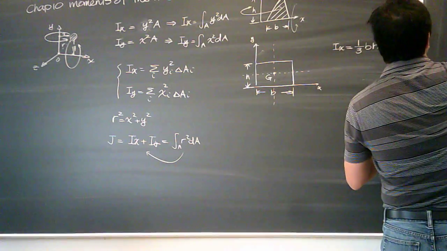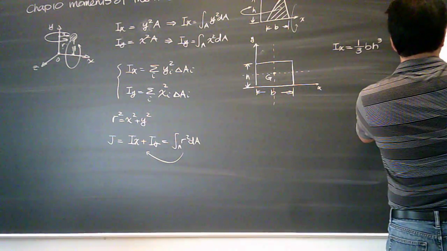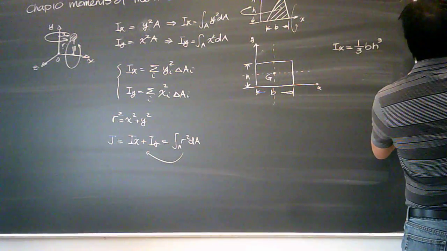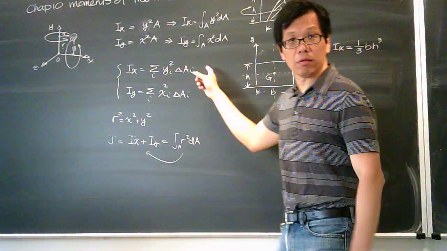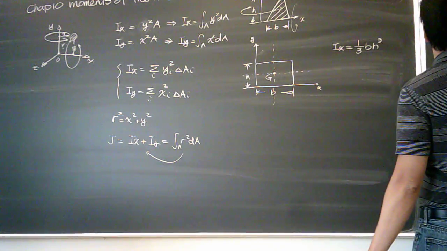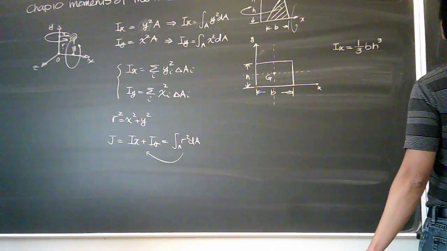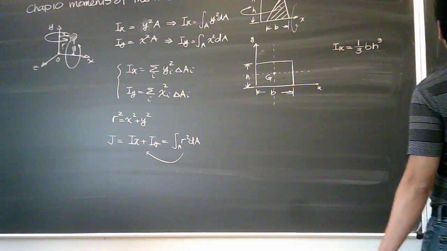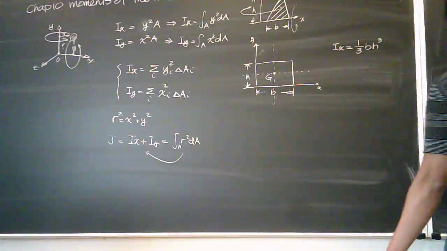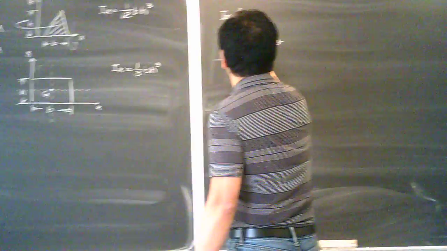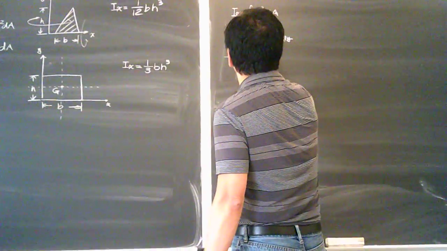The integration is Ix equals y squared, based on the definition over here. Okay, so when you're doing this, this is my dy, and obviously the distance is going to be y.